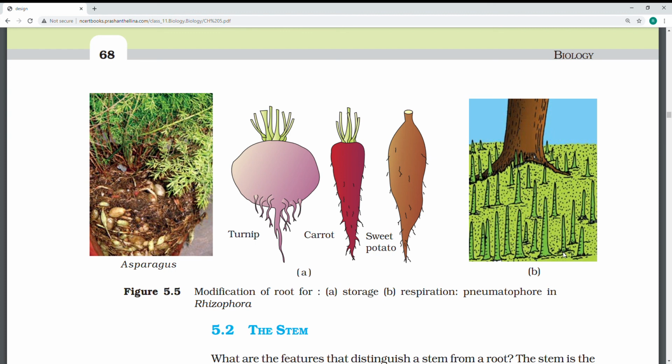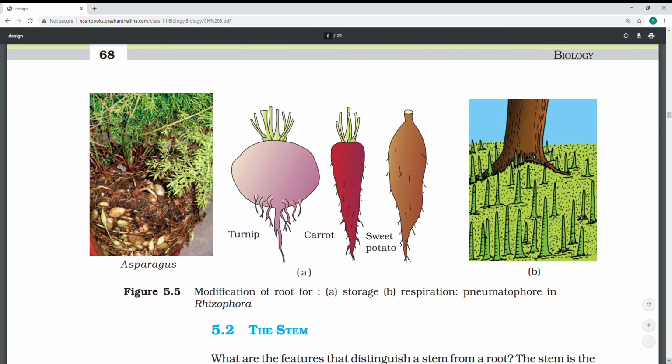For NCERT, they have included only some. From the NEET point of view, they might ask different ones. From the board point of view, that's all. For NEET, there are also climbing roots for climbing stems, like pepper, Piper betel, and money plant. How these are growing.